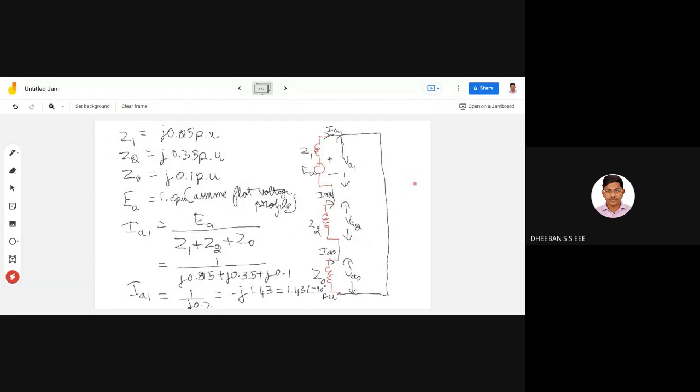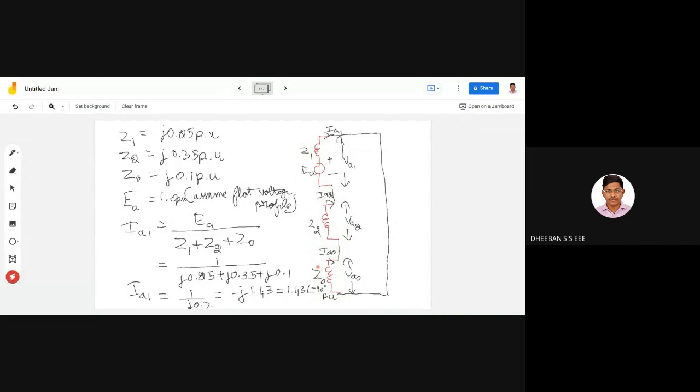As per the given question, we have drawn the sequence diagram. Here your generator will be coming with the positive sequence section, followed by your negative sequence section, and followed by your zero sequence section.